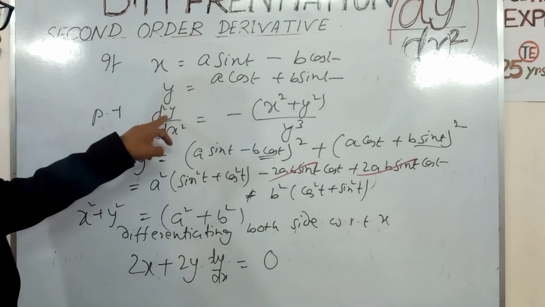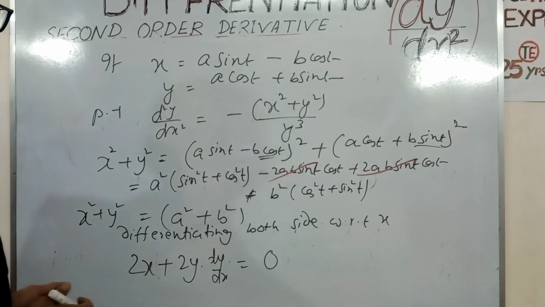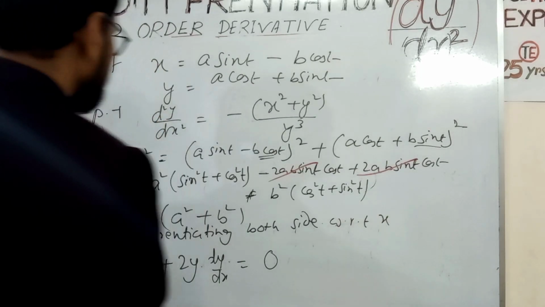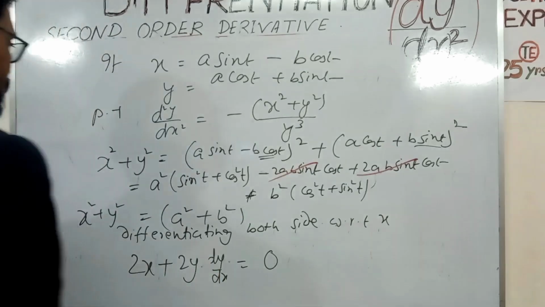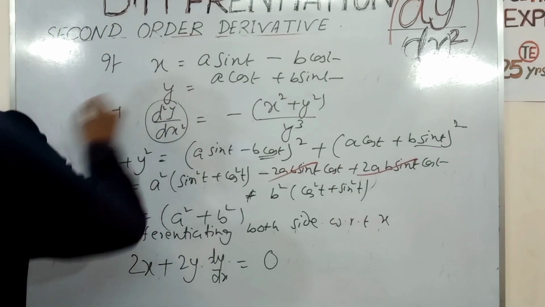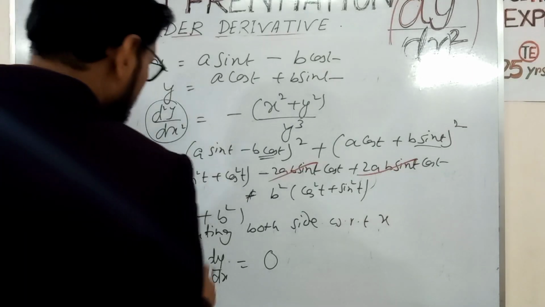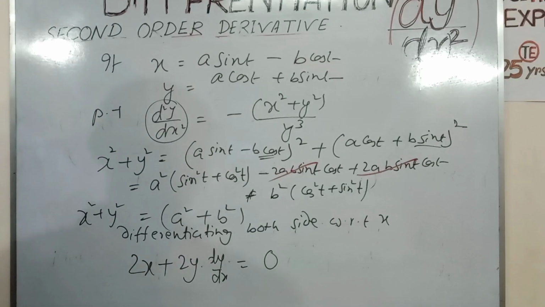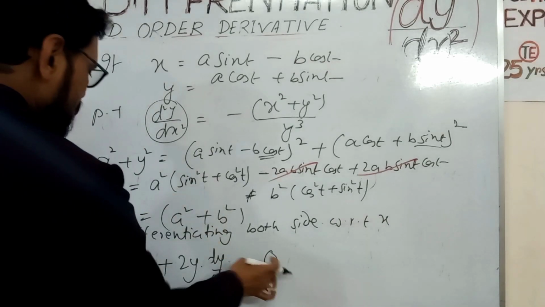Because we have to find d2y by dx square, only y and x are variables, except y and x, other letters are constants. So a and b are constants, and the derivative of a constant term is 0.